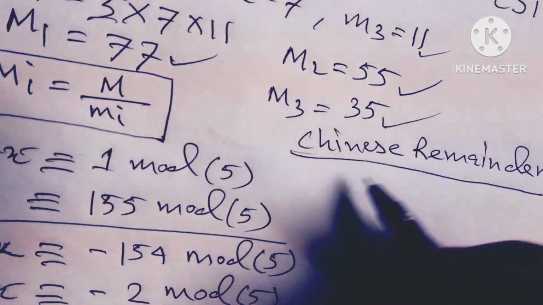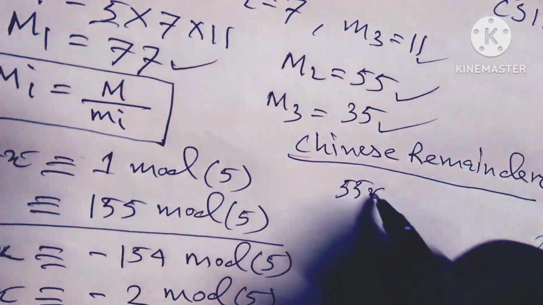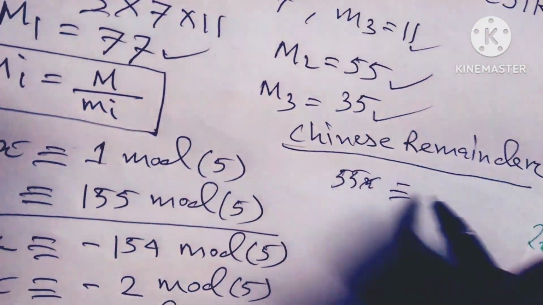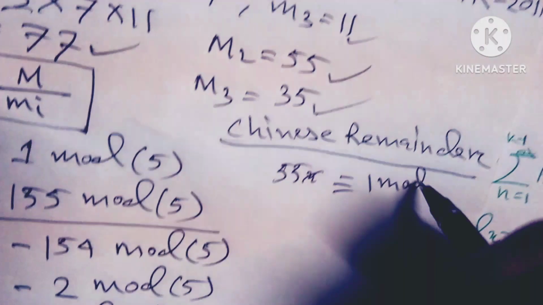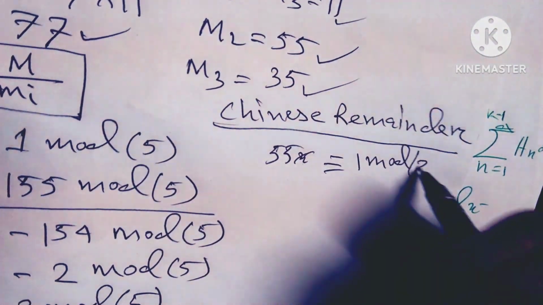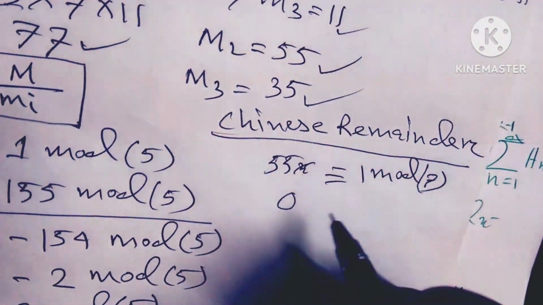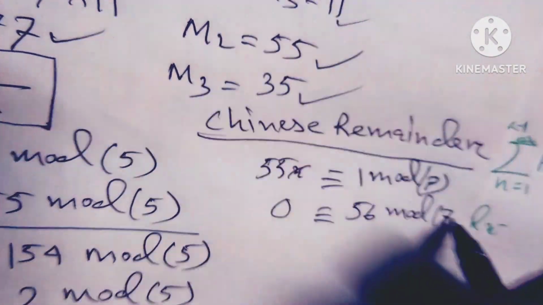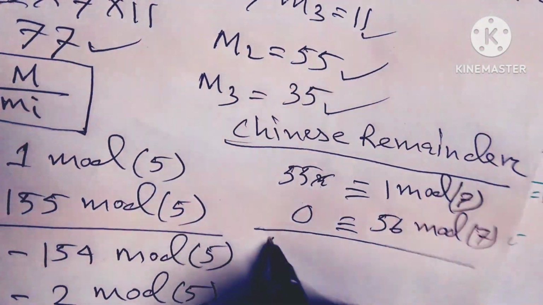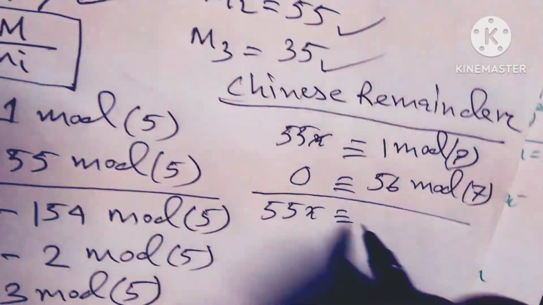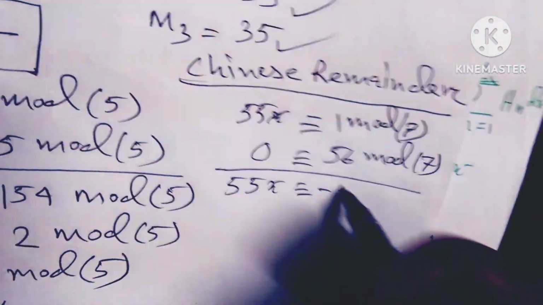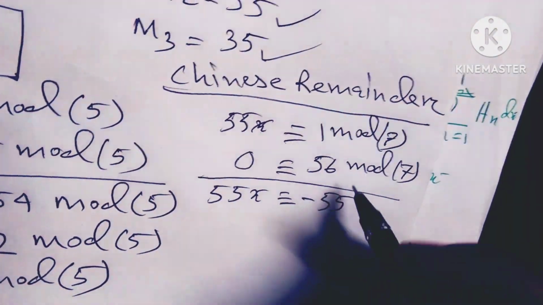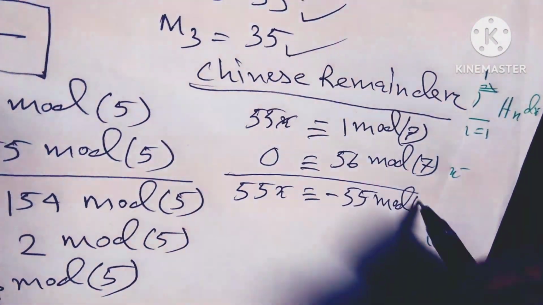Similarly, 55x is congruent to 1 mod 7, and 0 is congruent to 56 mod 7. After that I get 55x is congruent to minus 55 mod 7.